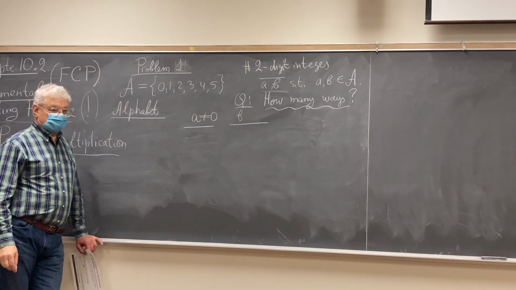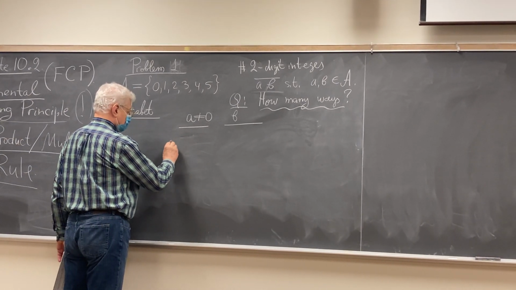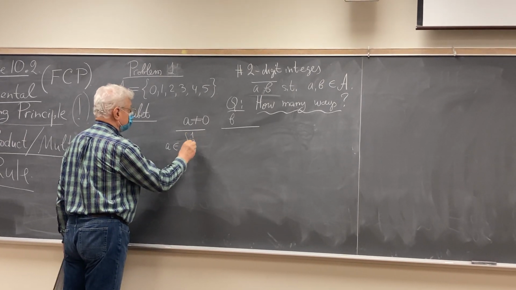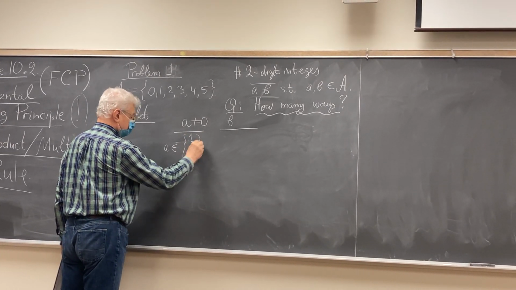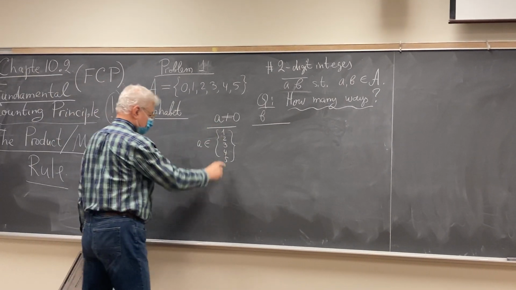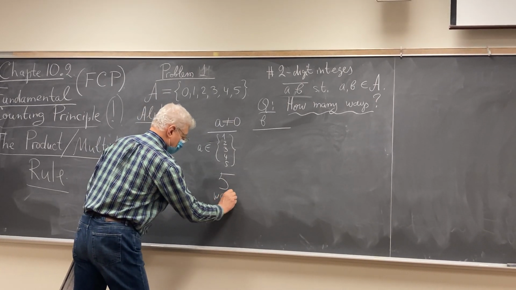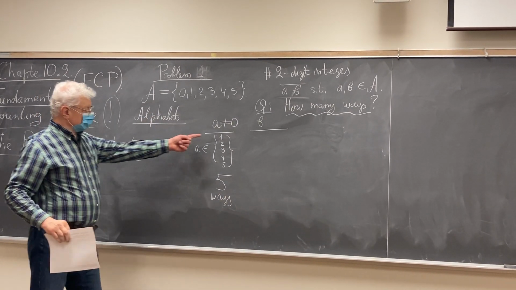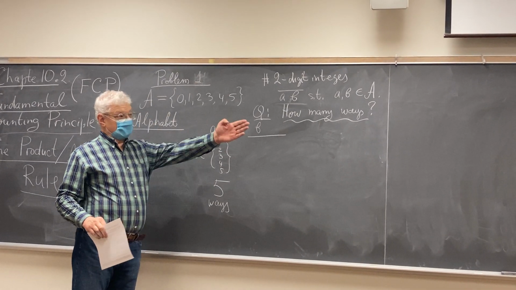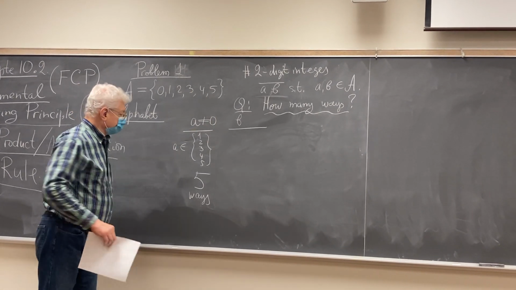Okay, so what could A be? A belongs to 1, 2, 3, 4, or 5. How many possibilities do you have? 5 possibilities, 5 ways. So you can start your number with 1 and then extend, then 2 extend, 3 extend, 4 and 5, as we did when drawing the tree.